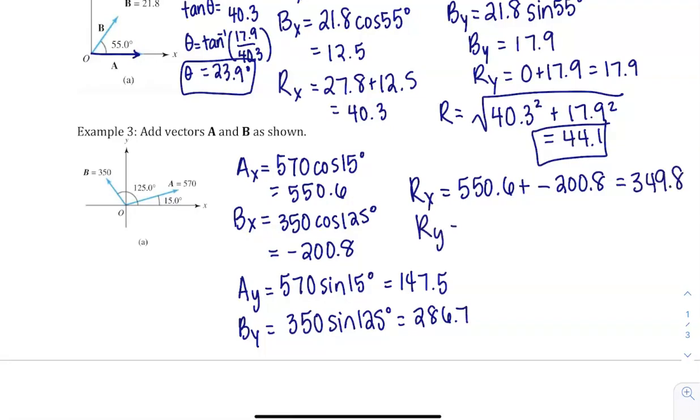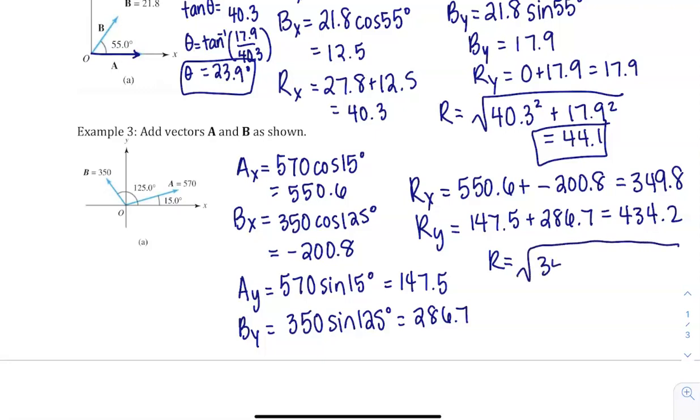The Ry is 147.5 plus 286.7, looking there at 434.2. To get our overall magnitude, we do the square root of these two results squared.